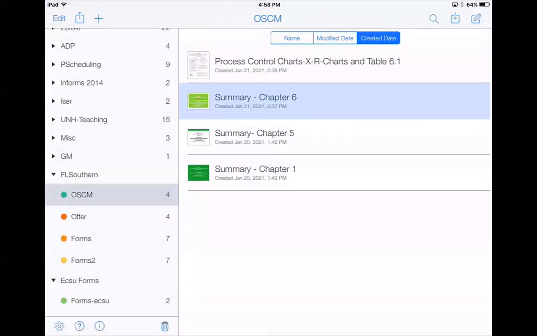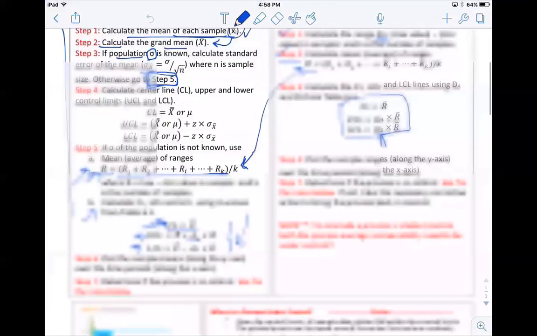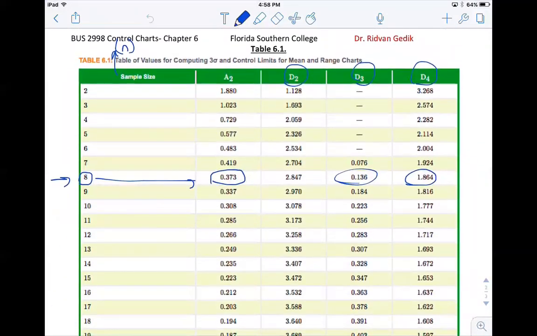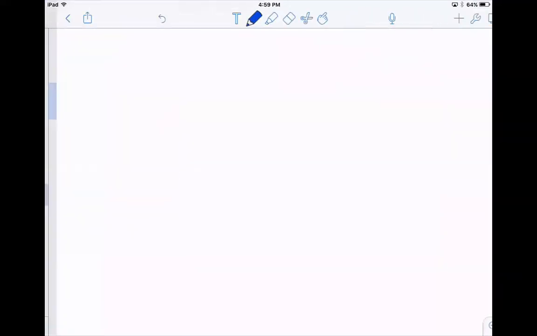Well, these are the parameters that you will have to look up from table 6.1 on the second page of this formula sheet. You do have the last two columns dedicated for D3 and D4 respectively. As I told you in the previous video, we look at the sample size, which is 8, and we intersect it with these columns. We see that our D4 is 1.864.